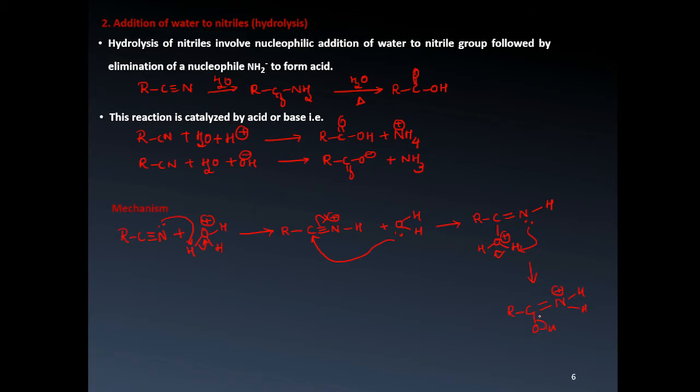By using this OH bond, we can neutralize the positive charge on nitrogen. So here formation of RC(=O)NH2, formation of amide. And again for this, if you treat with water, that is H plus OH minus, OH minus will come and attack here with elimination of NH4 plus. So this is acid catalyzed reaction.